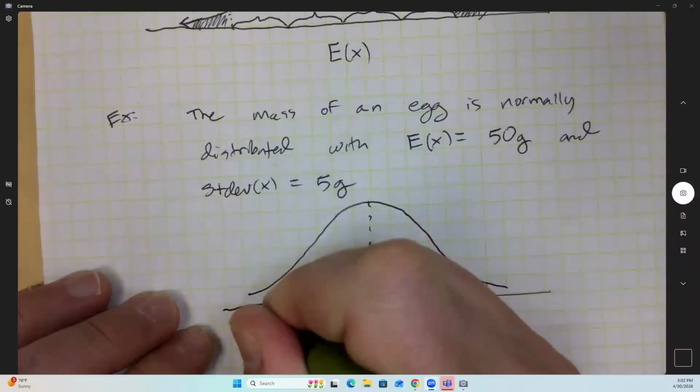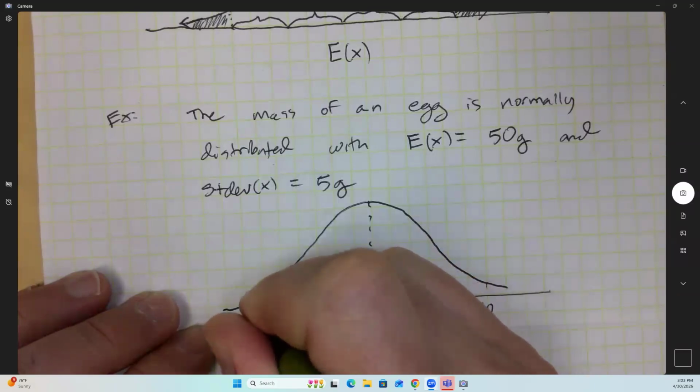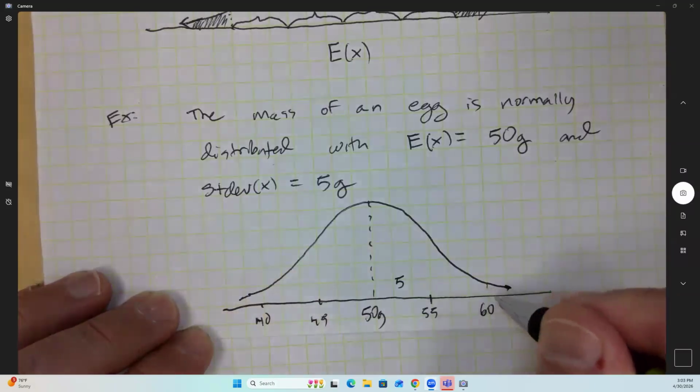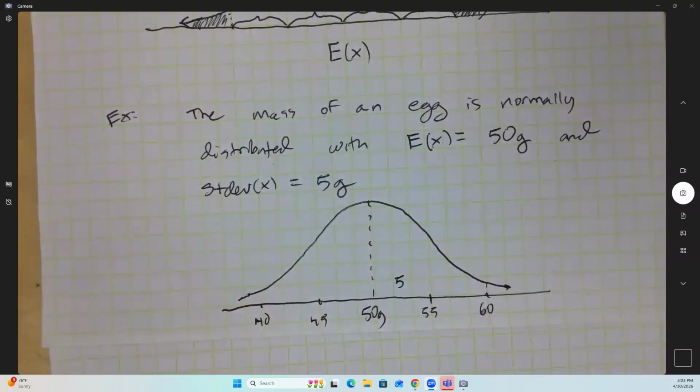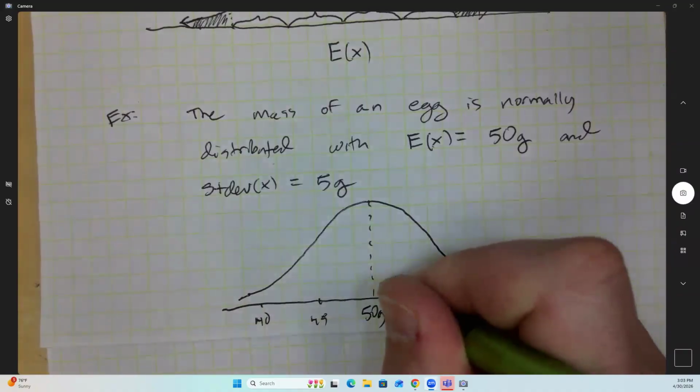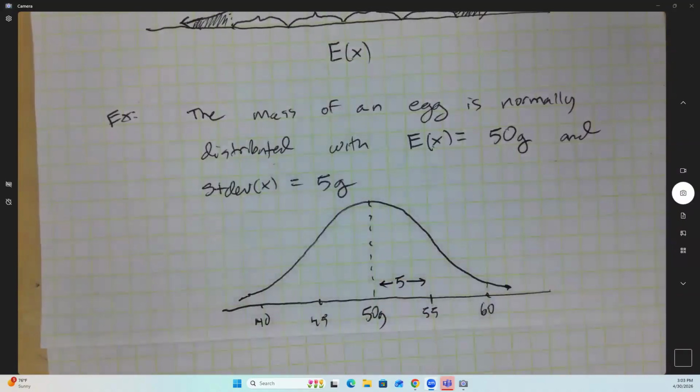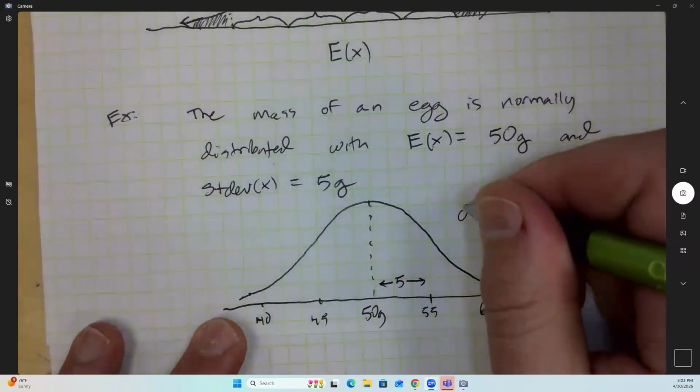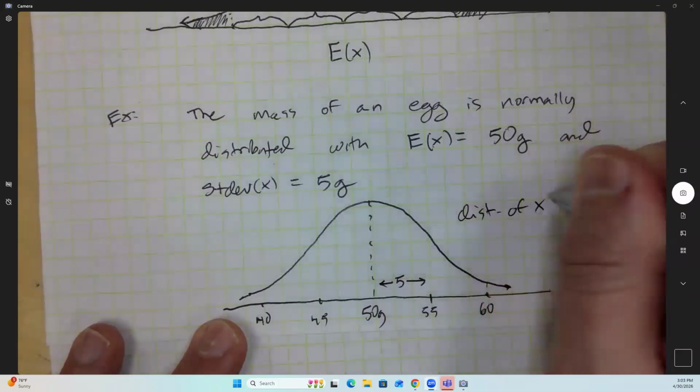And that's 45, and that's 40. And this is my distribution of x.